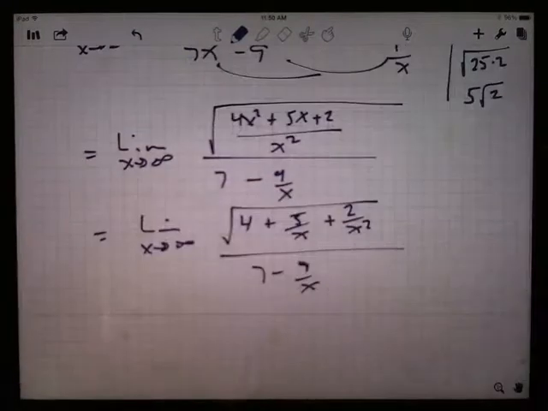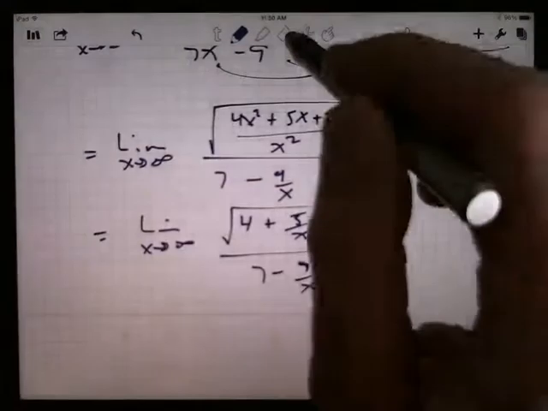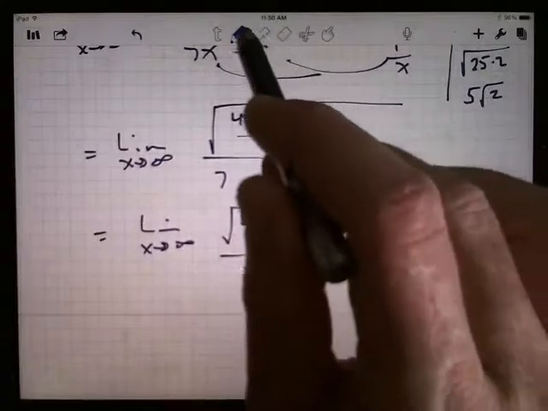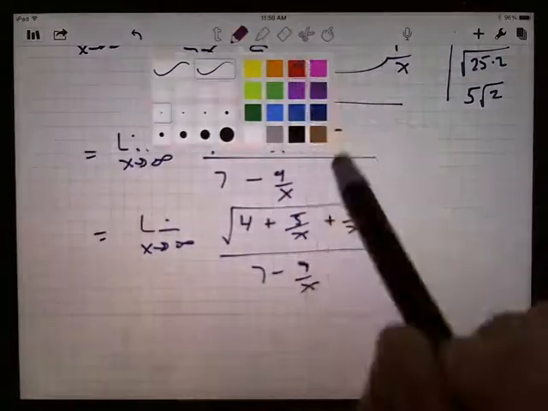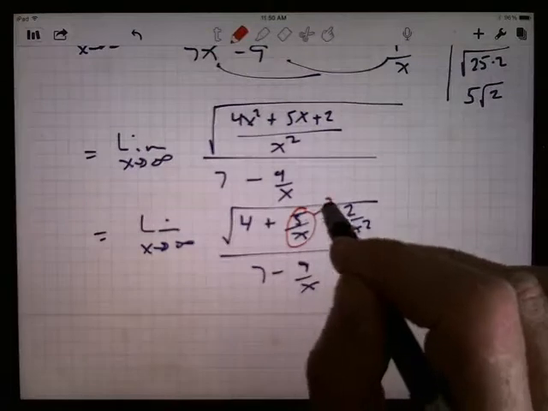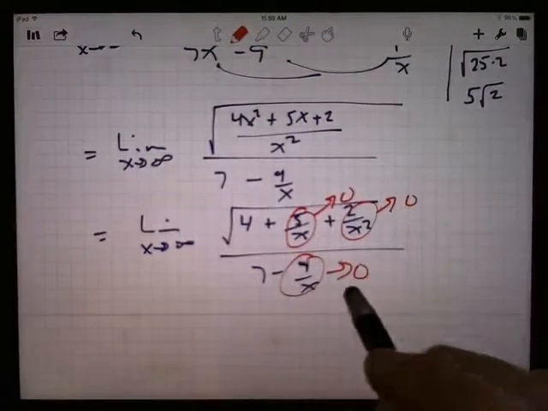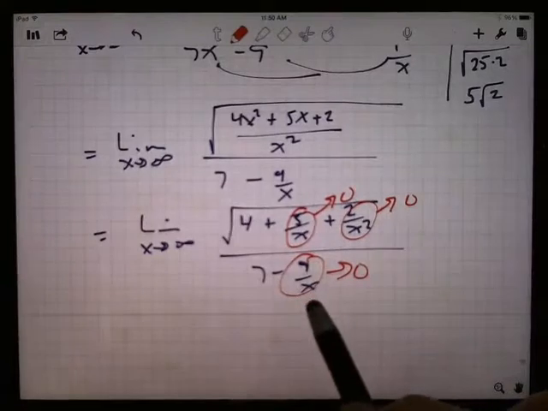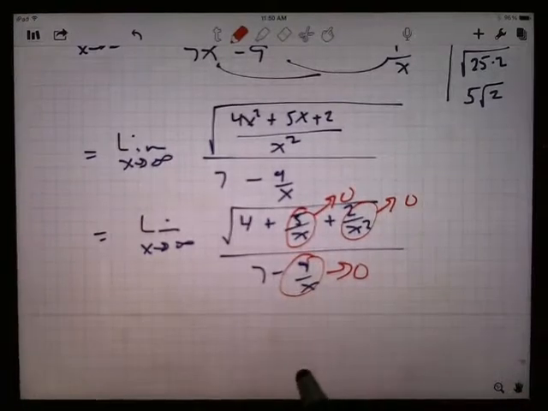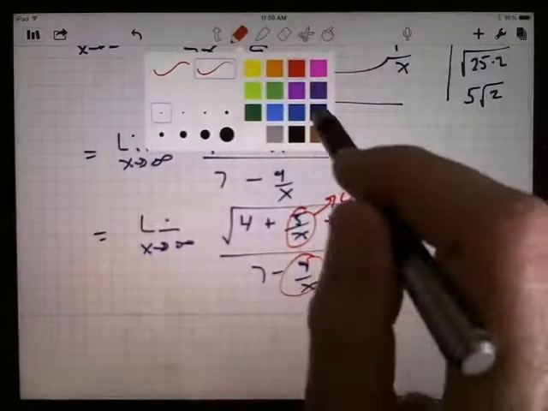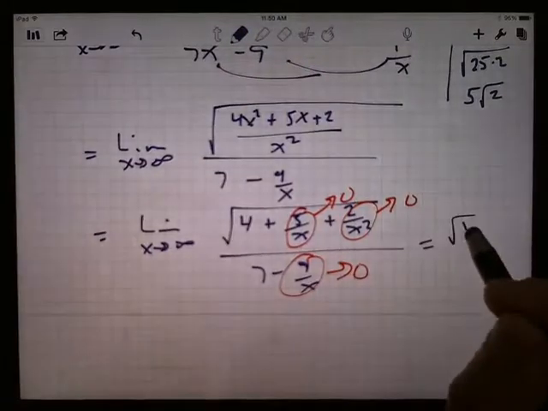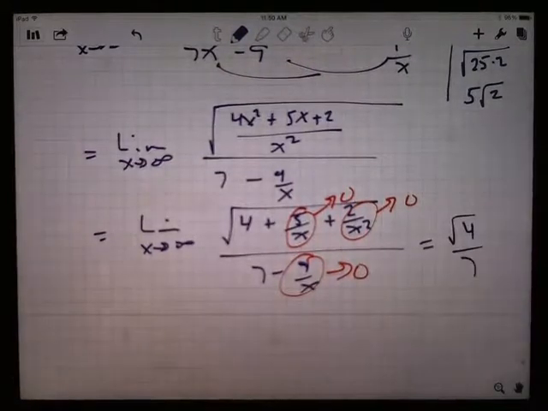Okay. Now, as x is headed towards infinity, let me grab another color here. This is headed towards 0. This is headed towards 0 because you've got a constant divided by some big number. That's going to be small. And what are we left with? Well, we're left with a square root of 4 on the top and a 7 on the bottom.